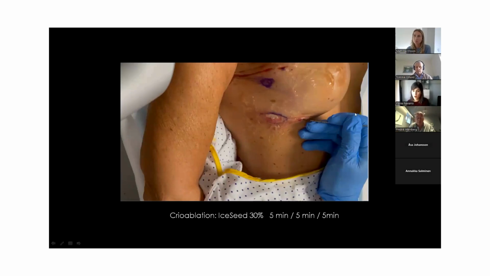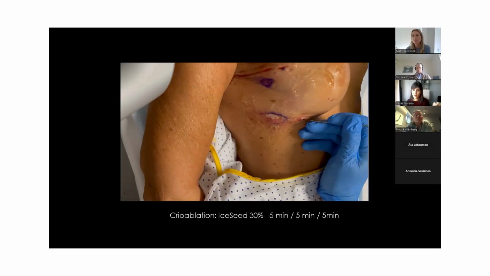And with that, we mark the extension of the lesion with a marker, as you can see here. This is one of the lesions, and this is the other. And then we do the procedure not using the ultrasound probe, just controlling directly with our eyes what is happening in the skin. And this is much easier to control the procedure doing that than with the ultrasound.